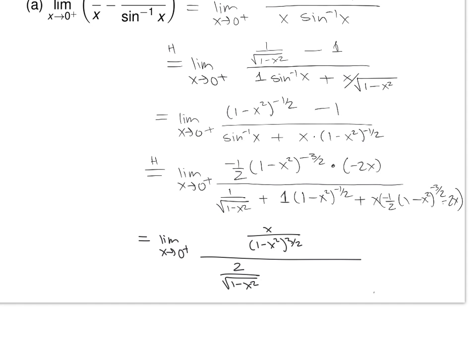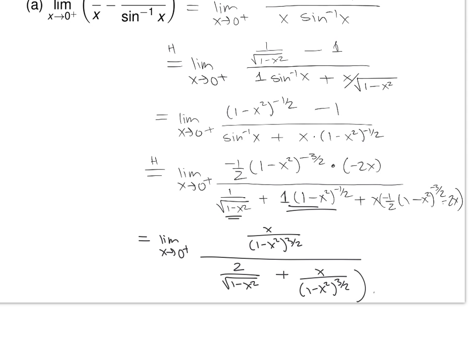Because I have this first thing that's 1 over the root of 1 minus x squared. This second thing right here is really 1 over the root of 1 minus x squared, right? It's like x plus x is 2x, thing plus thing is 2 things. And then plus x over 1 minus x squared to the 3/2.